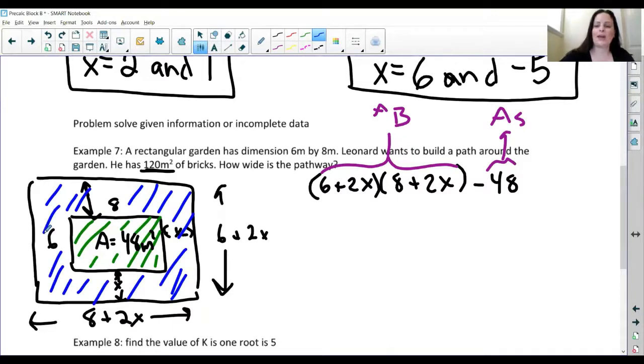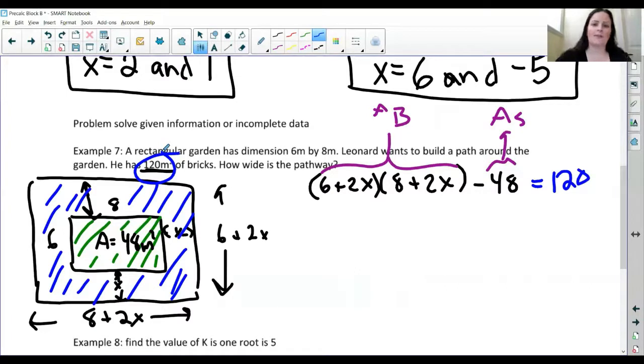Okay, and that equals 120 meters squared. That was given to us. Okay. So to solve this problem now that we've set it up is really no different than what we've been doing before. We're going to expand everything. We're going to group all our like terms. We're going to move everything to one side, and then we're going to factor and solve.